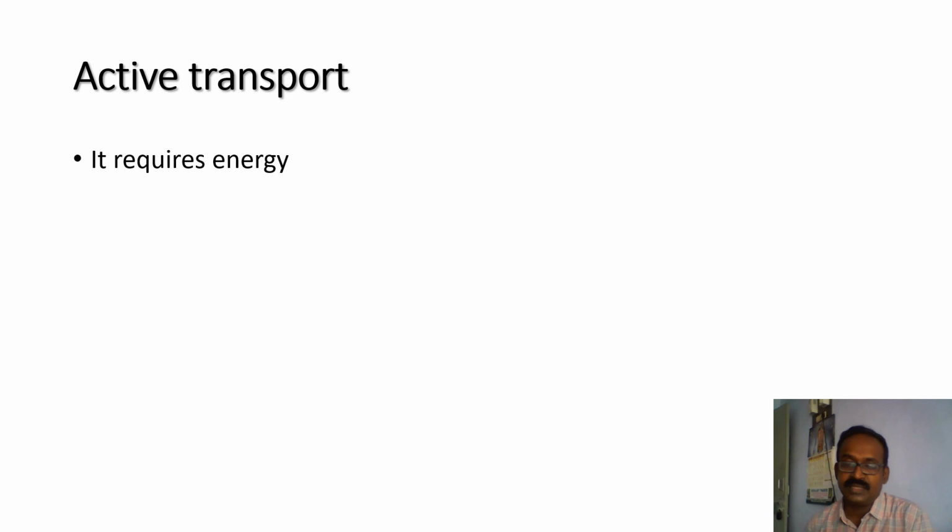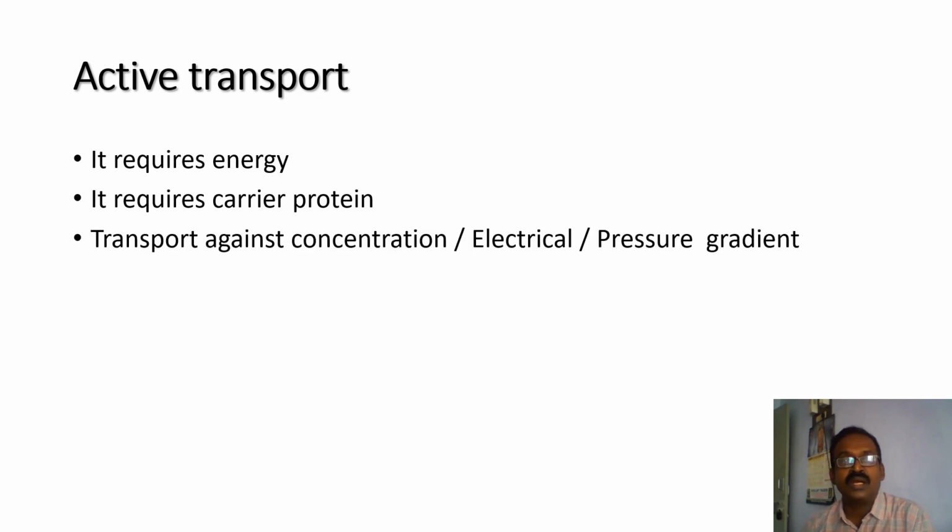It also carries a carrier protein, and it transports against the concentration, electrical or pressure gradient. It is the uphill movement, so it is transport mainly against the concentration gradient.